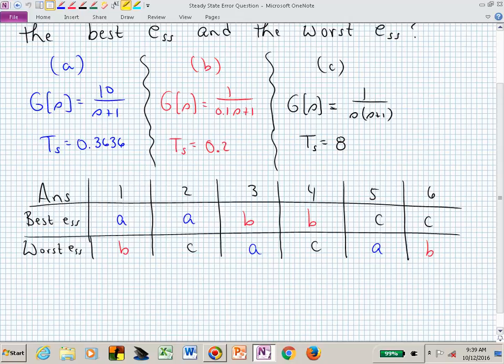All right. 3: B and A. Some people are thinking 3. How about 4? What is 4? B and C. So B has the best, and C has the worst. Okay. How many said that? That was 4. 1, 2.